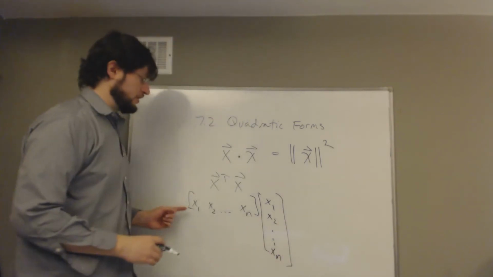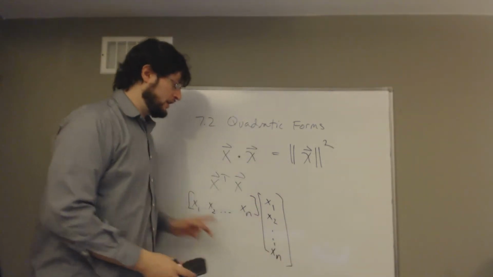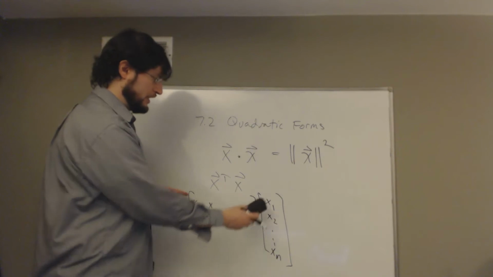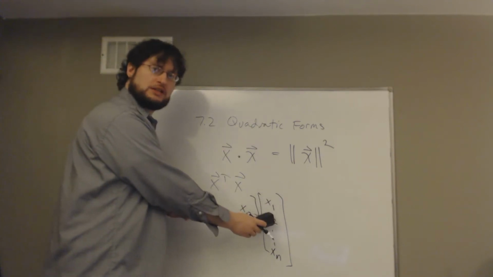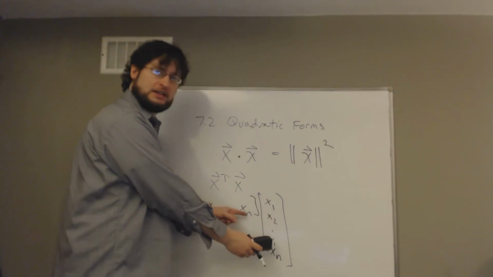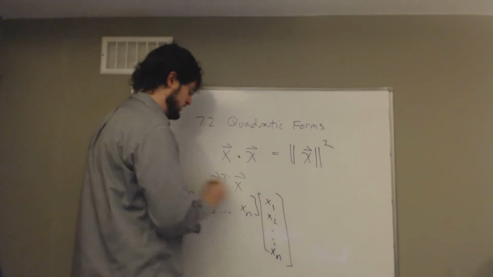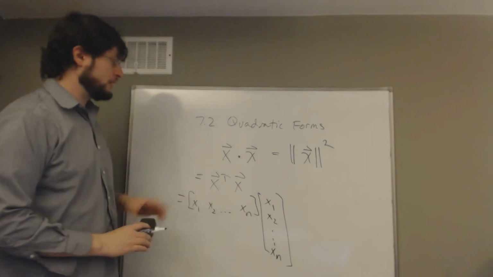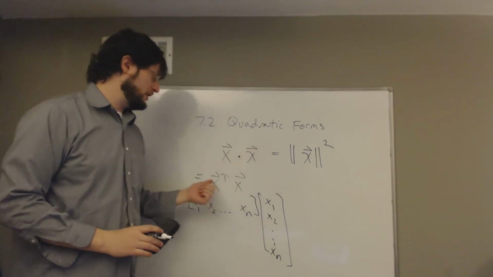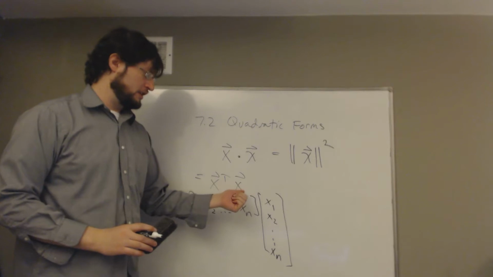This is x transpose, and this is x. If I take this as a matrix and multiply, I'm going to get x1 x1 plus x2 x2 plus all the way down to xn xn, which is exactly what the dot product is. So this is the same thing. So I can think about this dot product as x transpose times x.